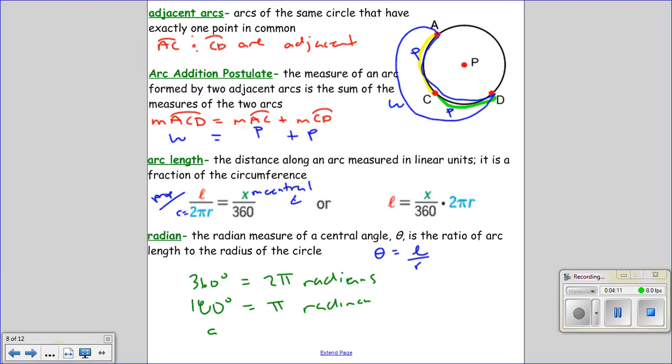So that means 90 degrees is equal to half of that, which is pi divided by 2 radians. You'll use radians a whole lot more in Algebra 2 and Pre-Calculus, but we had to introduce it to you now just so that you are familiar with it when you get to those courses.